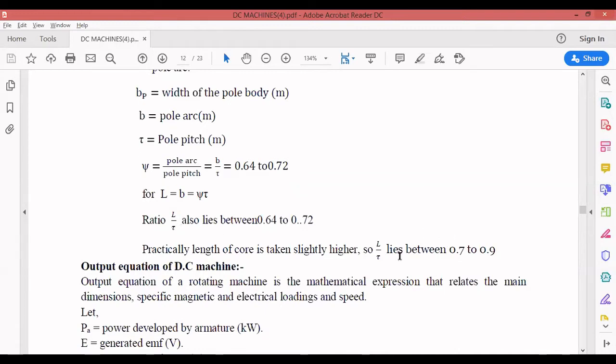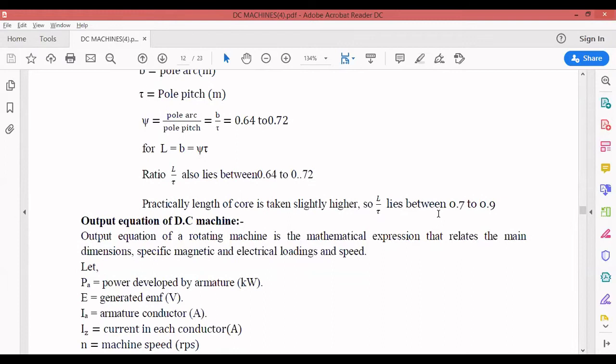Practically, the length of core is taken slightly higher, so that L by tau lies between 0.7 and 0.9. These are a few theory aspects regarding the L by tau ratio.